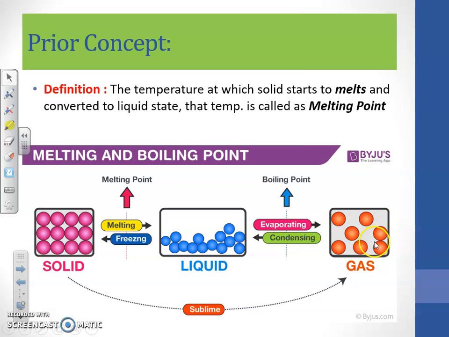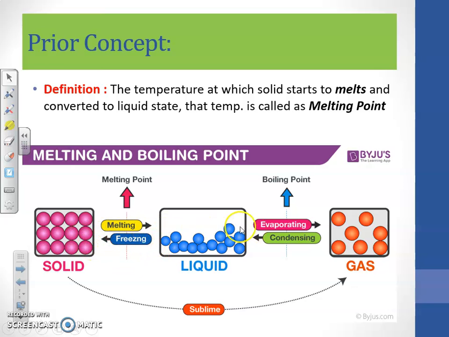So steam is the gaseous state of water. In the solid case it is in ice form, in the liquid case it is water, and in the gaseous state it is steam. In reverse, if you condense the steam, it converts into water. If you want to convert water to ice, we have to go for freezing.